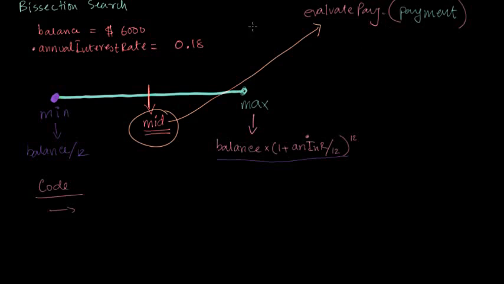So if eval pay of payment is greater than 0.00, and you can use this in Python, you don't have to specify an epsilon, it's perfectly fine.